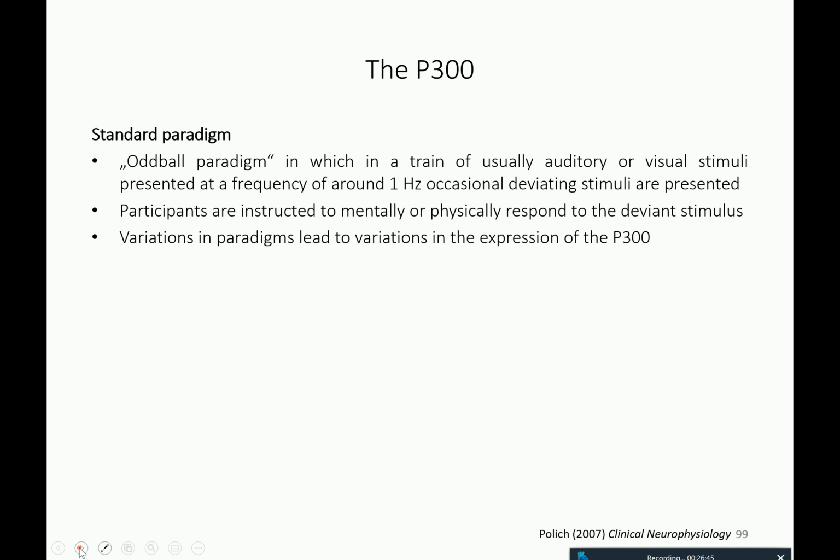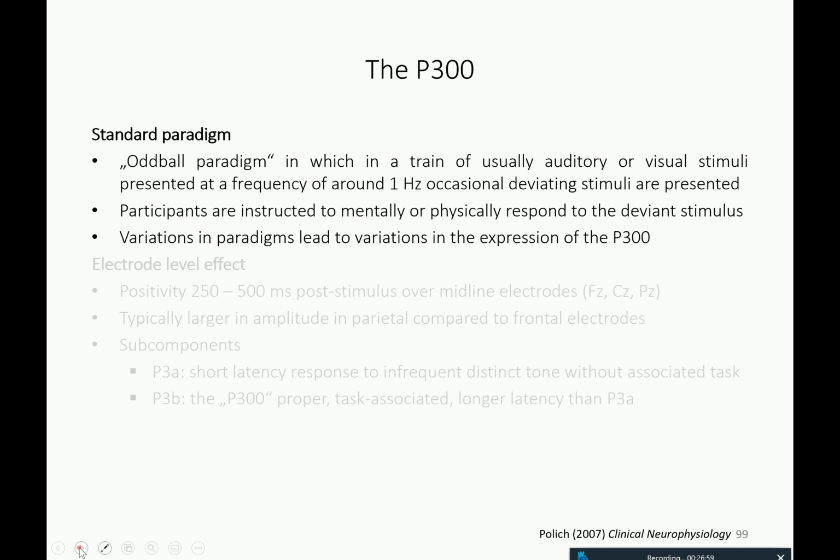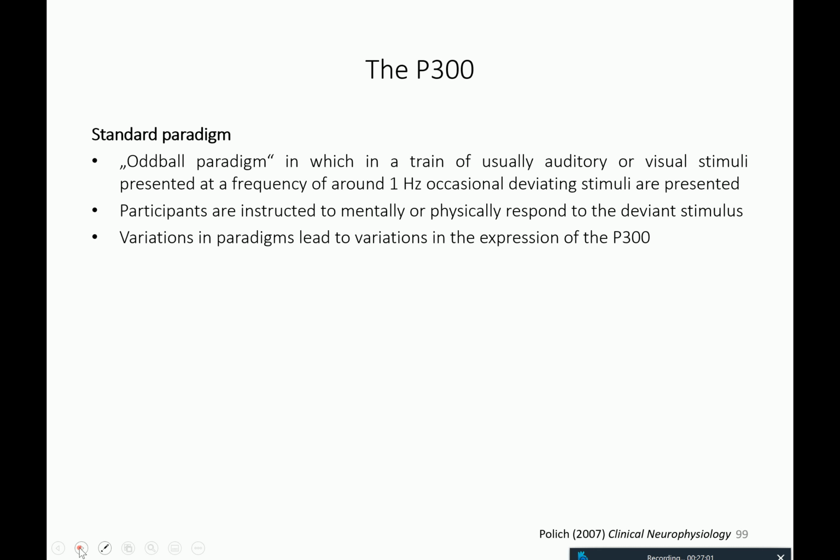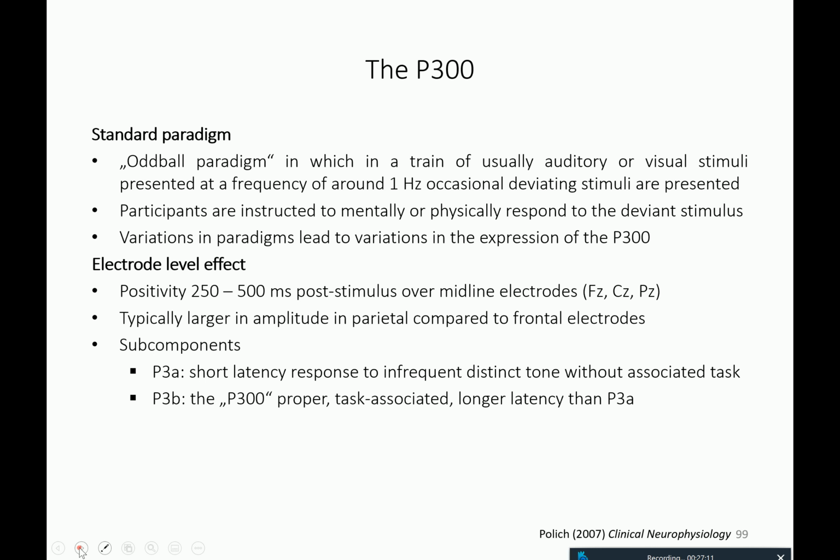So whenever a target stimulus comes up, they press a button, or at least respond mentally, for example, by counting the number of deviant stimuli or the number of stimulus changes if it's a roving paradigm.